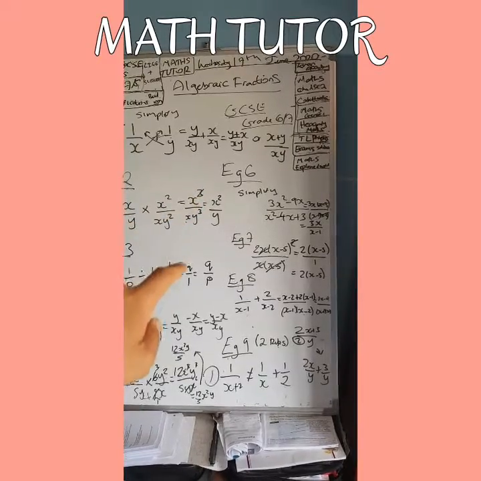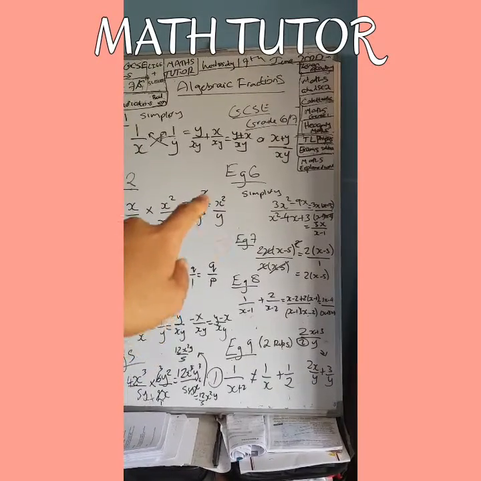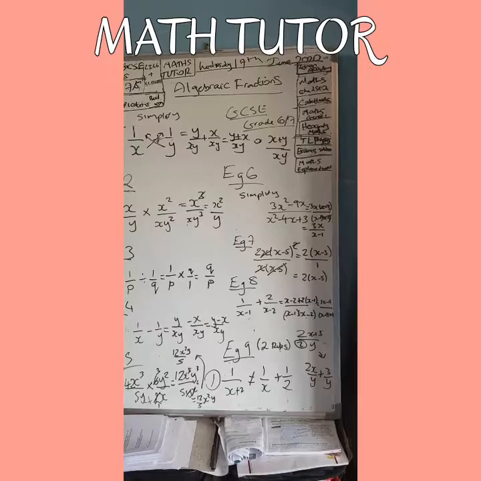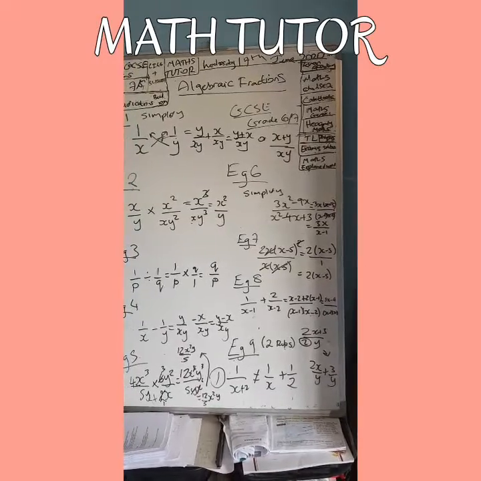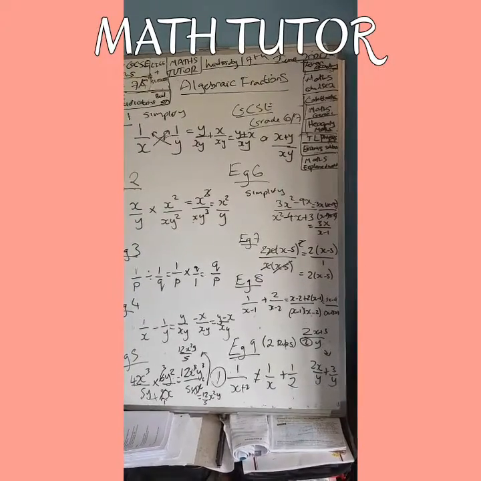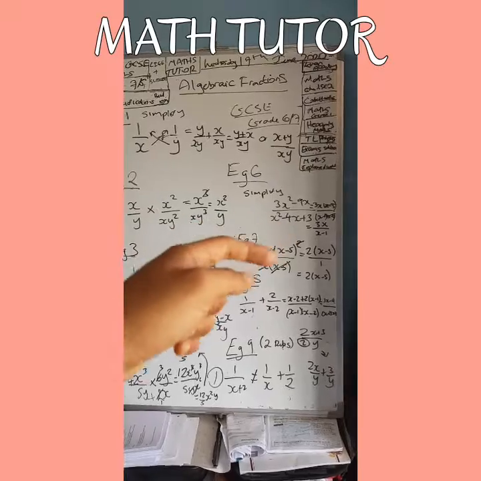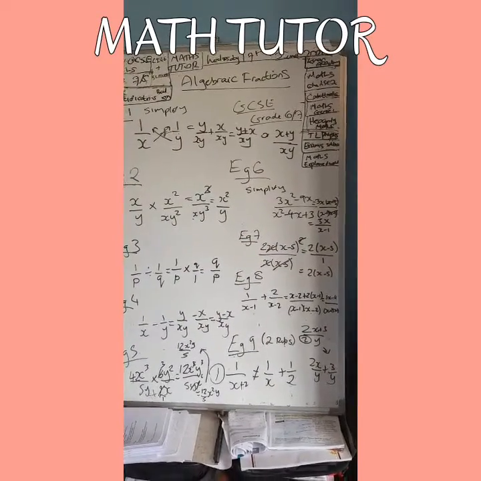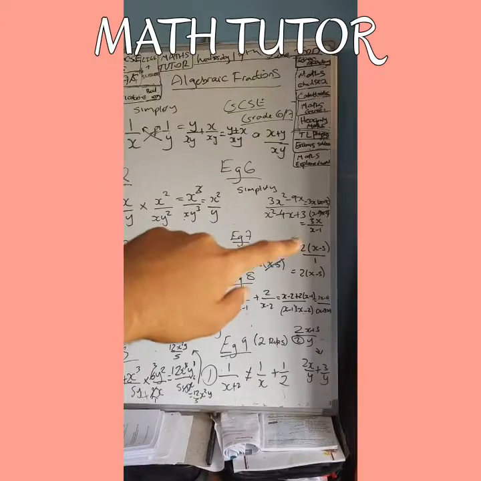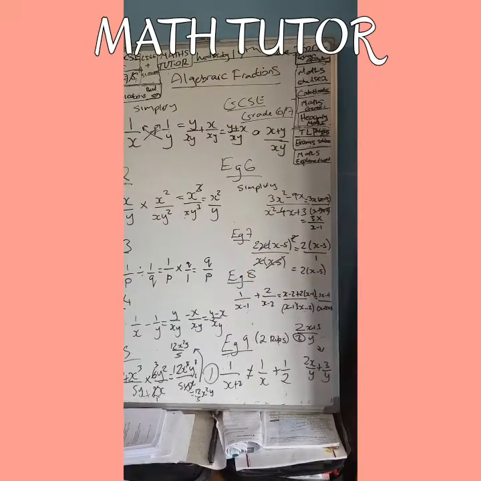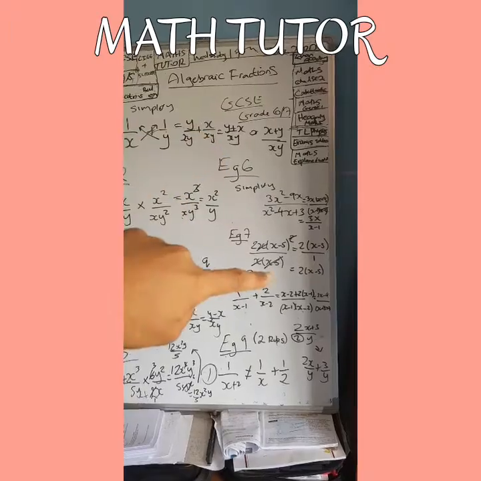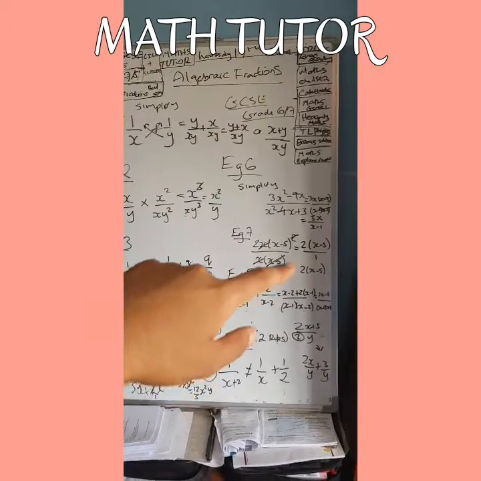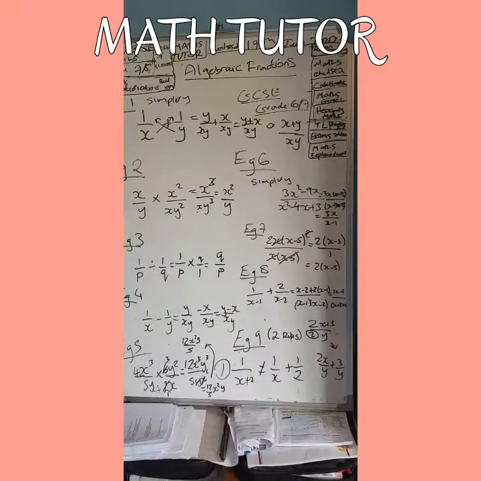Similar here, I cancelled the x's. If there's a product, when we multiply, then we can cancel the letters and the powers together. So I get 2 brackets x minus 5 over 1, which is just 2 brackets x minus 5, or if you want to expand it, 2x minus 10. Either way is fine.